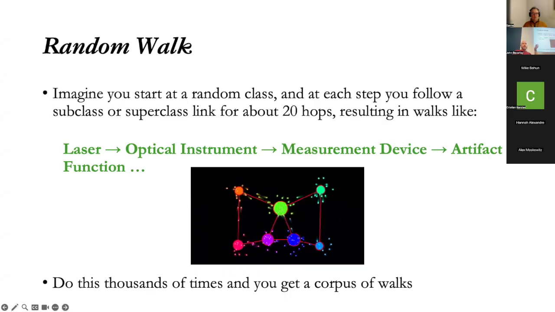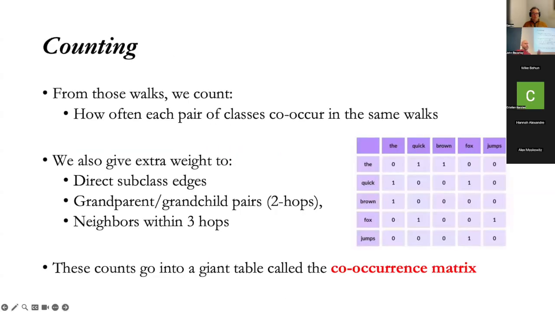This is especially true when you're dealing with sparsely axiomatized ontologies with MOWL, because it's easy in your test set to pull out something that isolates a bunch of the graph or bisects the graph. So from these walks, why do we need all these walks? Why am I generating this corpus?